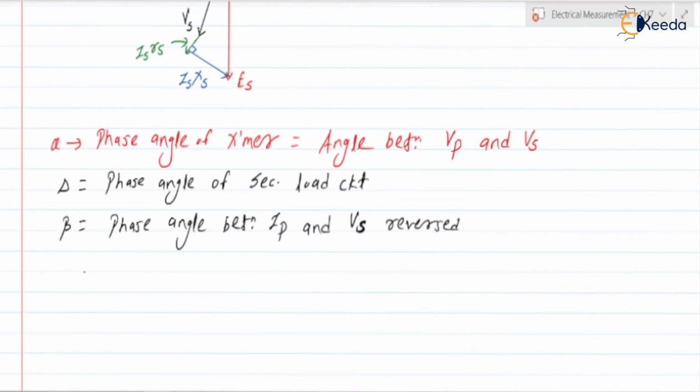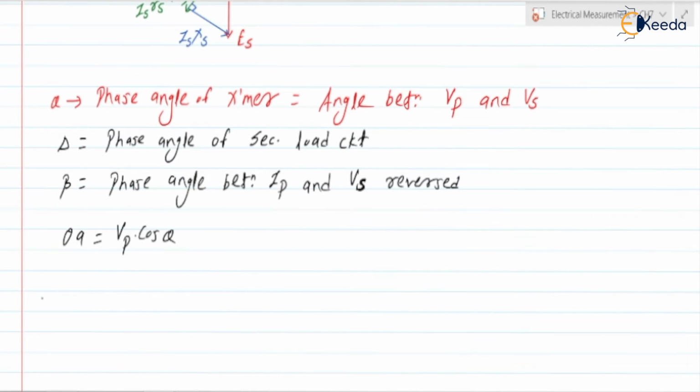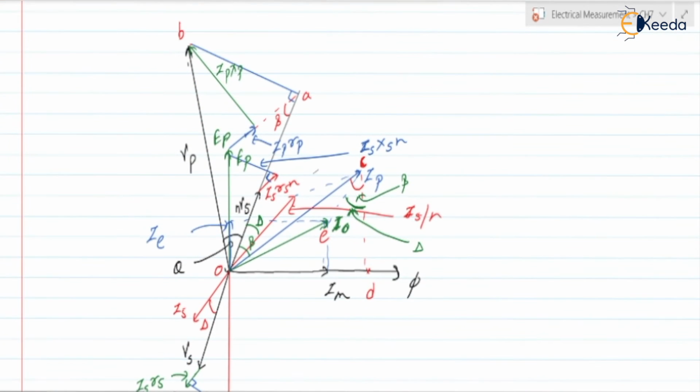And from the phasor diagram, OA is nothing but this line, which is equal to N into Vs plus N into Is into Rs into cos delta plus N into Is into Xs into sin delta plus Ip Rp cos beta plus Ip Xp sin beta.